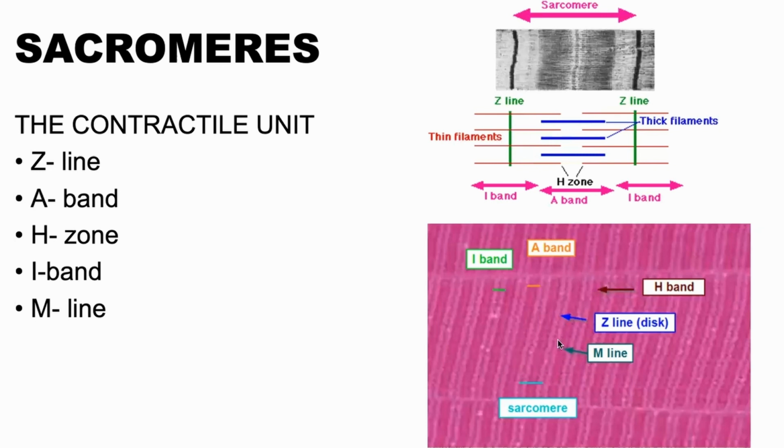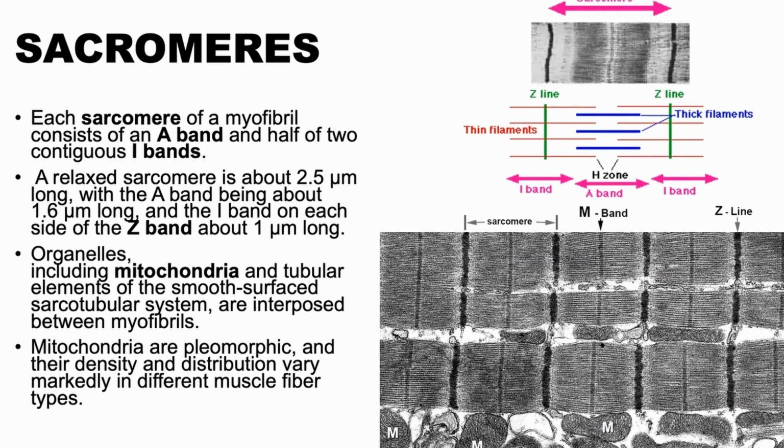The dark area here, you already know, myosin filament. The light areas, actin filament. So you have two I bands, as you can see, in the sarcomere, two I bands here, one here. You have the Z line. This is the outline of the sarcomere, the Z line, the Z line. The thin filaments are going to be overlapping where the I band is. If you look here, thin filament, Z line to the external part, thin filament.